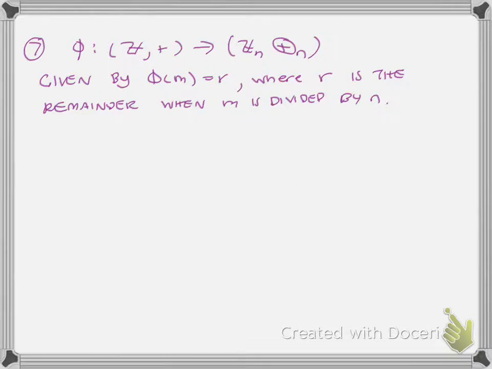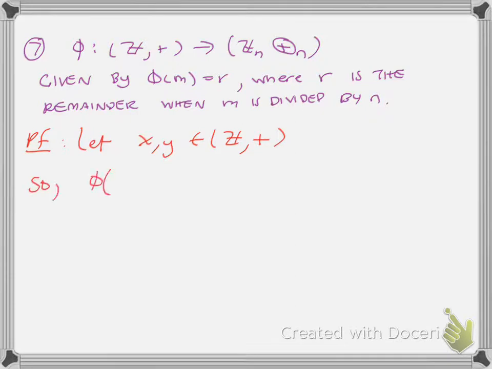Yes. So we're going from Z under addition to Z sub n under addition mod n, given by phi of m equals R, where R is the remainder when m is divided by n. To prove that this is a homomorphism, let X and Y belong to Z under addition.